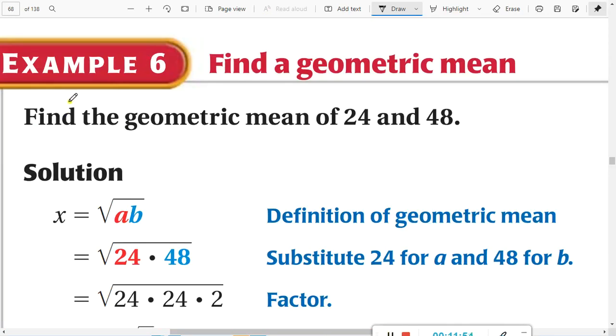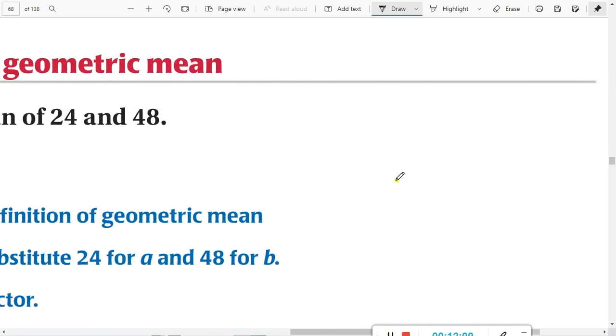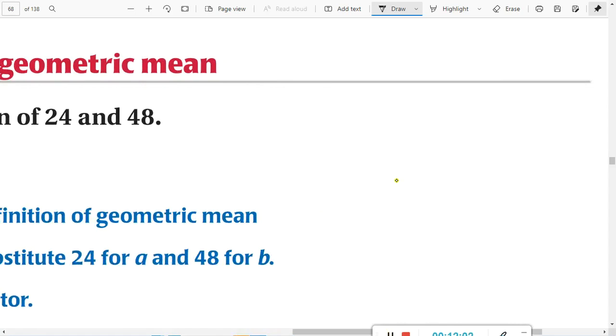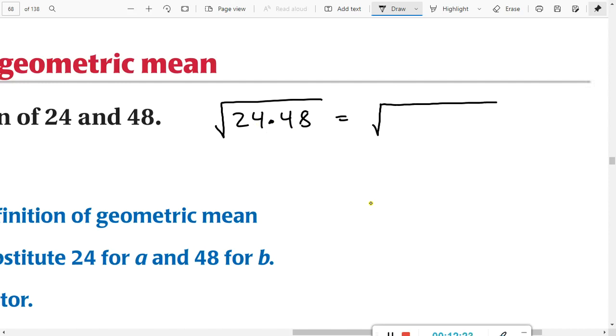Okay, example 6. Find the geometric mean of 24 and 48. That is just going to be the square root of 24 times 48. If you have a calculator, it's easy. But if you don't, sometimes you can still solve this if you break it up into numbers that you can take the square root of.